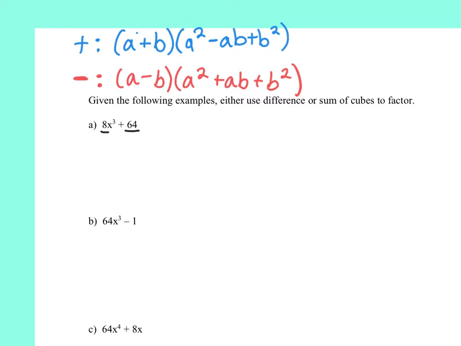Is there any factors that I could pull out? 8. Good. So this is the same thing as 8 times what's going to be left? We didn't take out an x, so it's still going to be x to the third. And then what's 64 divided by 8? 8. Plus 8. Good.